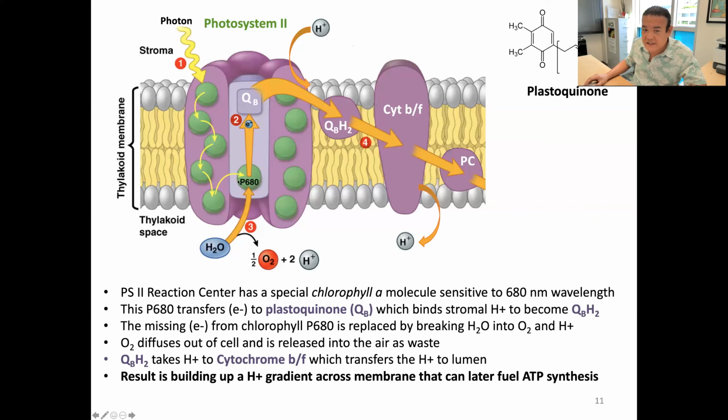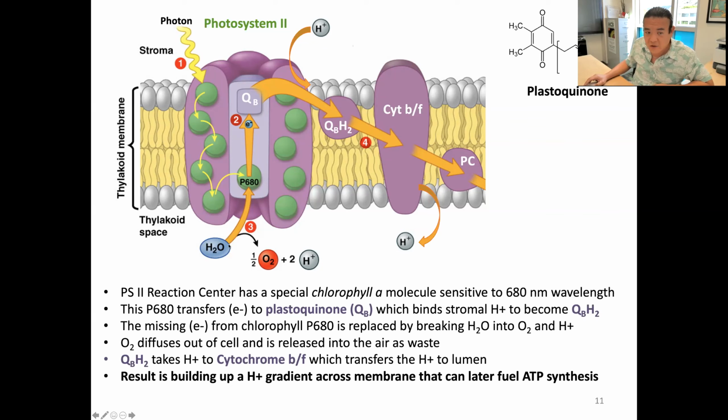So if this P680 chlorophyll gave up a couple of its electrons, it's not technically the same molecule anymore, right? Because it's short 2 electrons. So it needs to have those electrons replaced. Where do those electrons come from? Those electrons come from the breaking of water, as I mentioned earlier in the lecture, right?